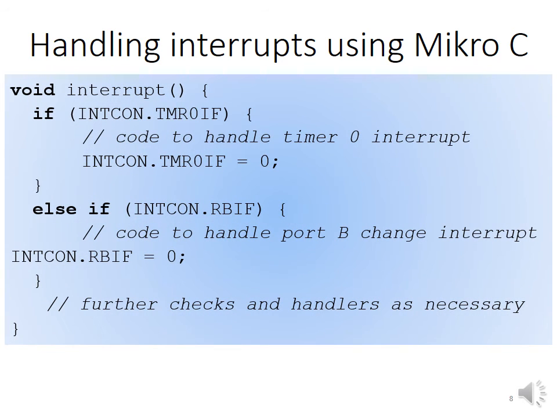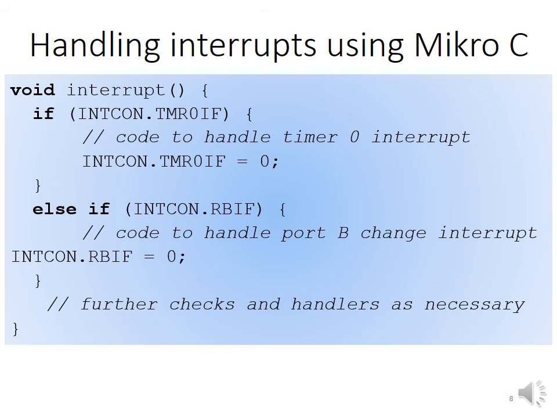This is the typical body of the interrupt function. In this case, the code inside the body first checks if the interrupt was due to timer 0. If that was the case, the corresponding handler would be executed. If not, the ISR proceeds to check if the interrupt was due to port B on change.